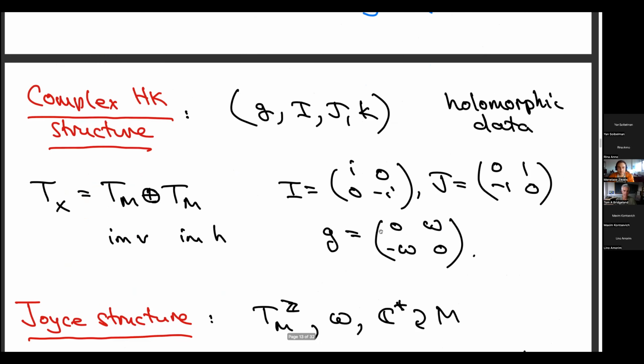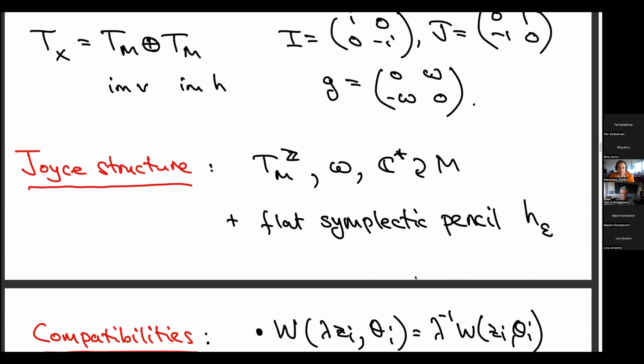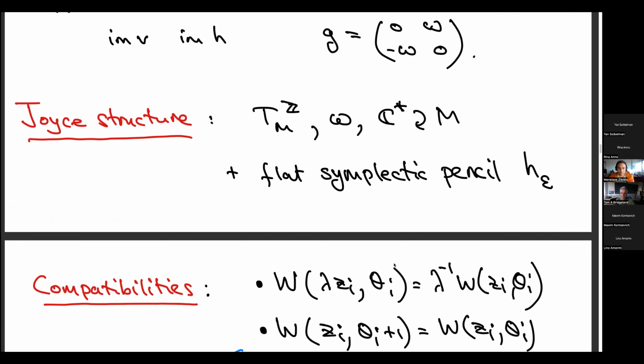I was just saying that Joyce structures are this kind of Gothic combination of integral affine structure, symplectic form, C-star action, and this stuff we were considering here. But just to express this in coordinates, there should be some compatibilities here, but they're rather concrete things, actually.